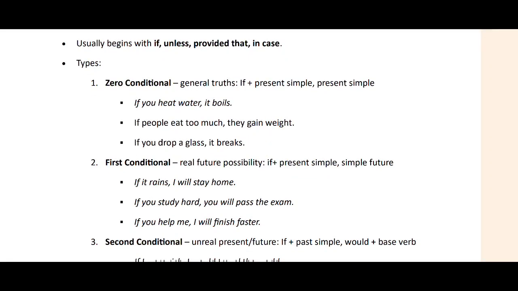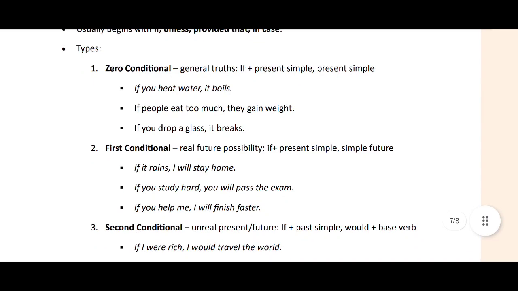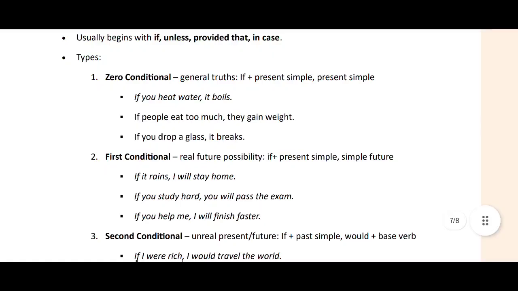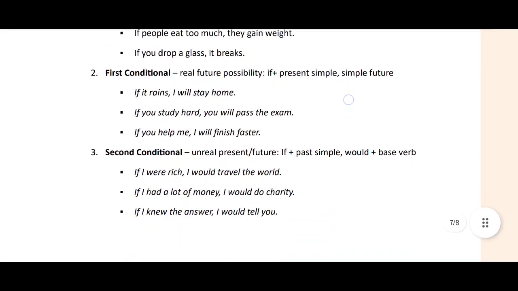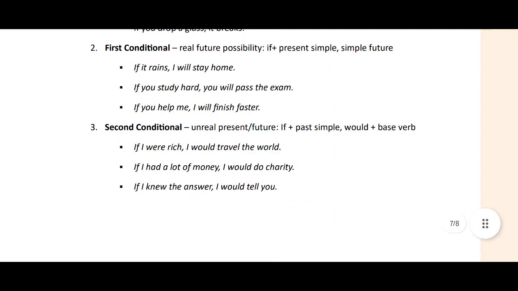Here, if plus present simple "you heat water," comma, present simple "it boils." Second one: if plus present simple "people eat too much," comma, present simple "they gain weight." First conditional conveys real future possibility. The structure is if plus present simple, comma, simple future.